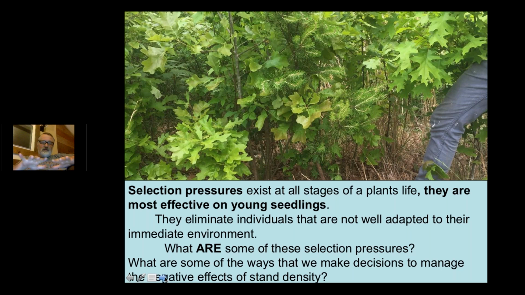When they eliminate individuals, the individuals left behind are now the population, and it's the genetics of that population that we want to have be sustainable long term. So we want a broad diversity of genetics to choose from, and we want to make sure that somewhere in that gene pool we've got the magic combinations that will help us fulfill our values on our site.